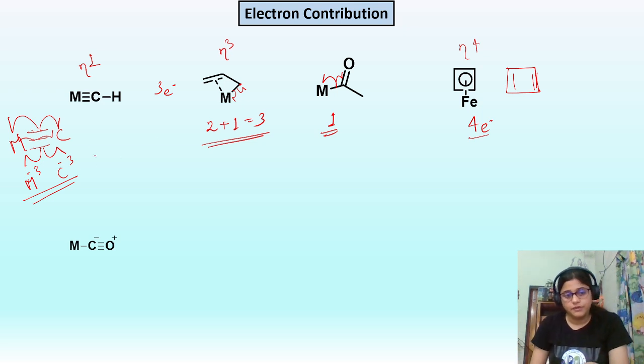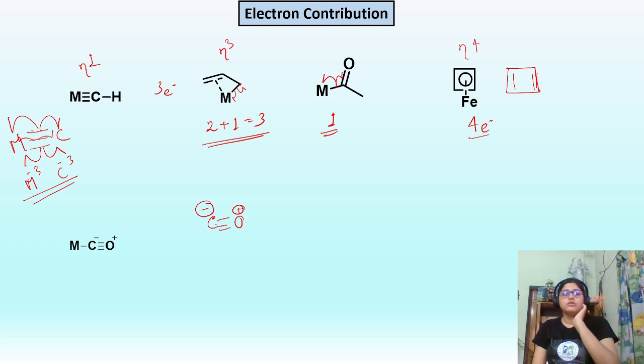Here, you know that carbonyl is stabilized in CO plus and minus forms. You also know that for negatively charged ligands like Cl we take 1 electron contribution.